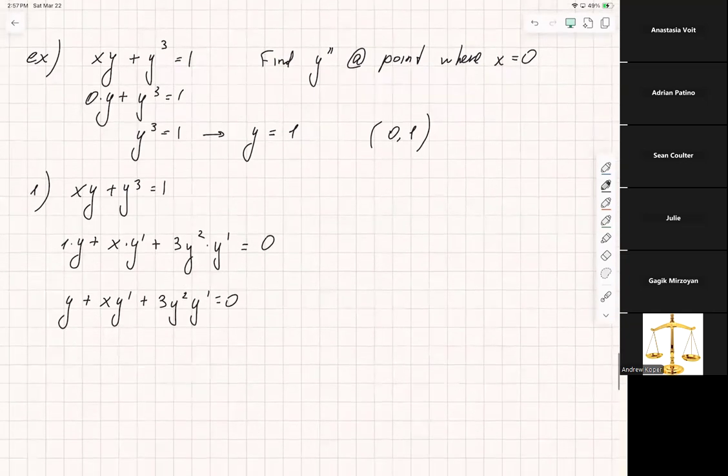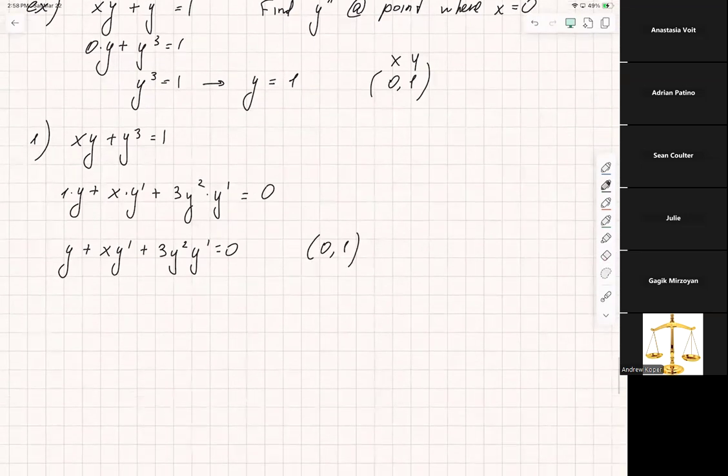So from here, I want to find what the value of y prime is at this point (0, 1), right? So we know what x is, we know what y is. We don't know what y prime is. So let's find that. We will plug in the point (0, 1). So we would have 1 plus 0 times y prime plus 3 times 1 squared times y prime equals 0.